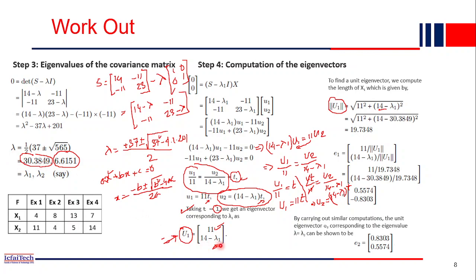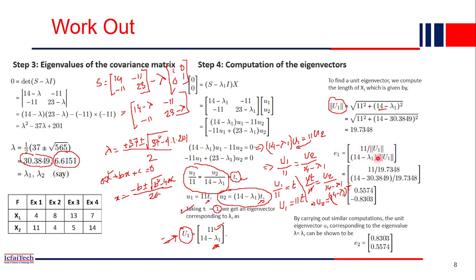So now to find the second, u2, this is u1 we calculated with lambda 1. So now same step can be repeated. U2 also you can calculate by substituting value of lambda 2. Lambda 2 is 6.61, right? So if you substitute 6.61 here, you will get capital U2, length of U2. Then you will have E2 also.